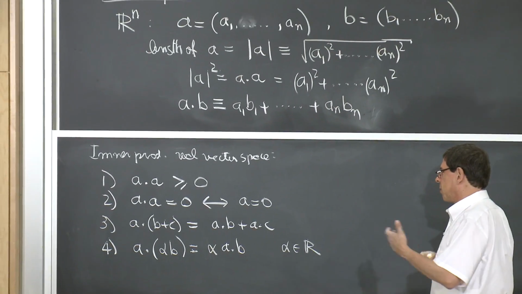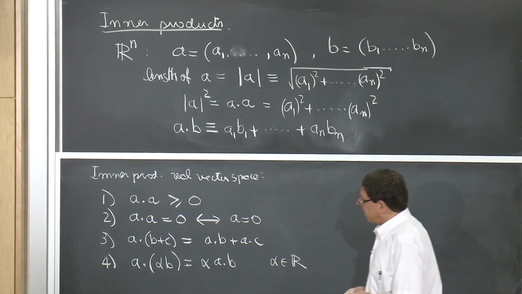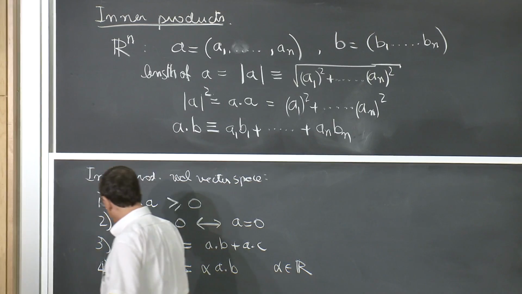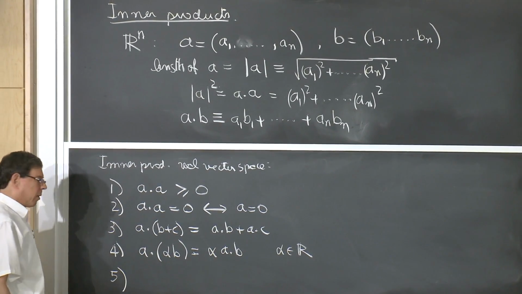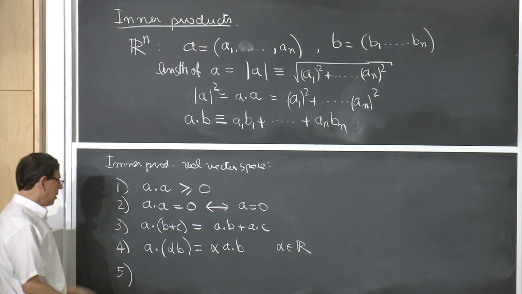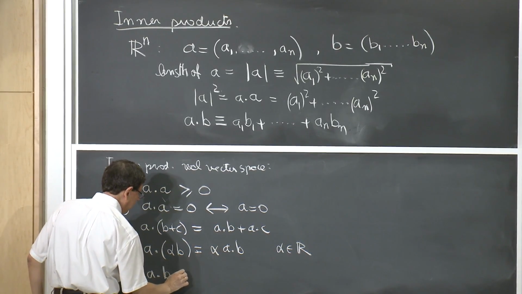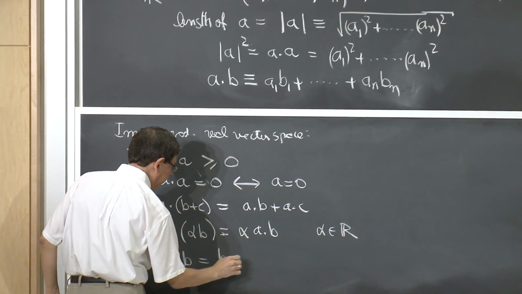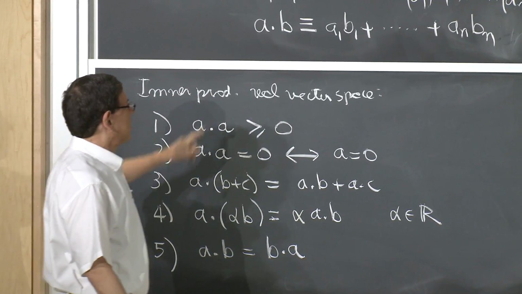You want to compute the dot product of two vectors, the numbers go out. Finally, we come to one property that is very peculiar, but we'll take it to be true here. It will be symmetric: A dot B equal B dot A. Certainly satisfied by this.